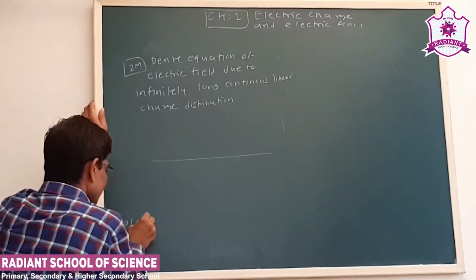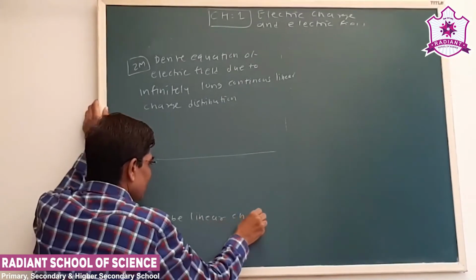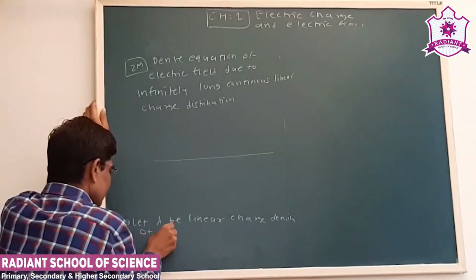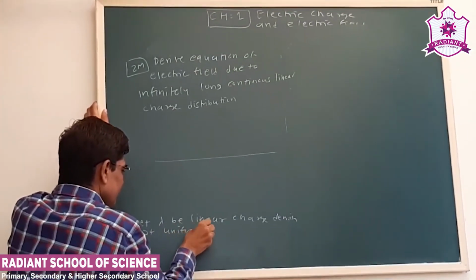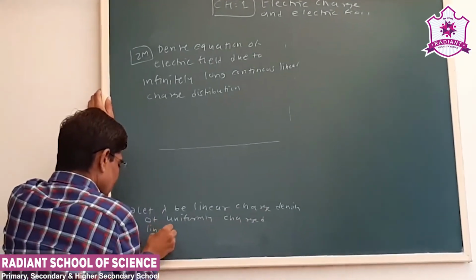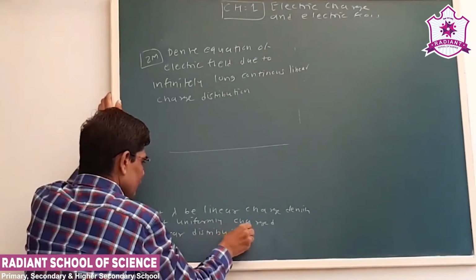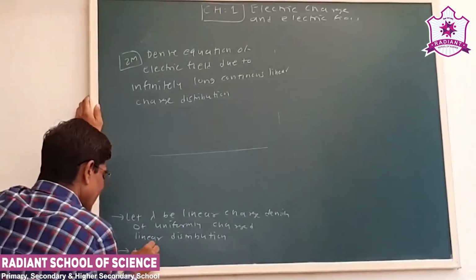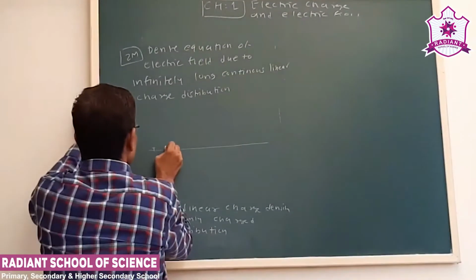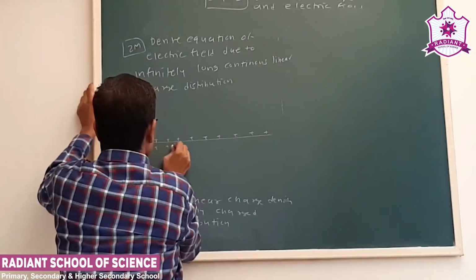So let lambda be the linear charge density of a uniformly charged linear distribution. Now we assume that lambda is greater than 0. So in that case, the positive charge is there on the wire.